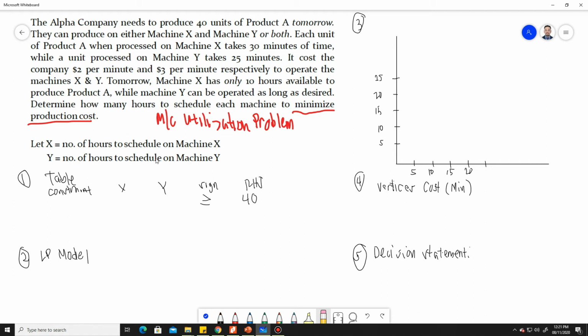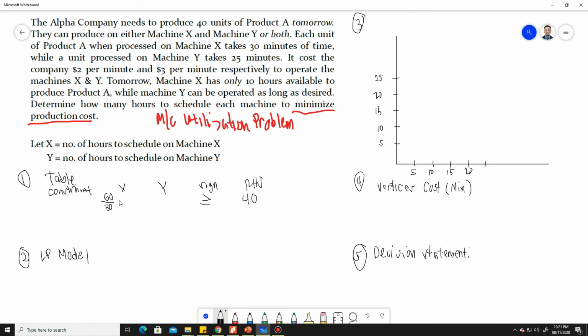And then what is for x and y? So makita natin we have each unit of product A when processed on machine X takes 30 minutes of time. So in an hour, we have 60 minutes. And then it takes 30 minutes of time per unit sa machine X. So we have 60 divided by 30.